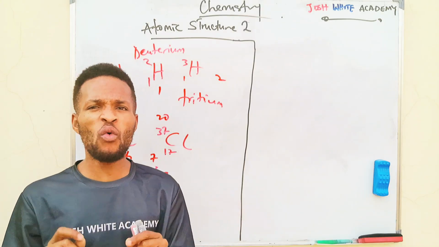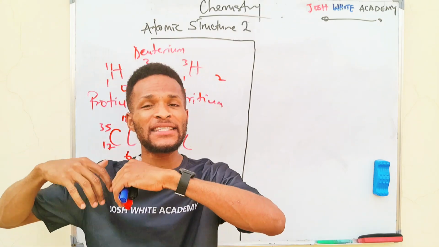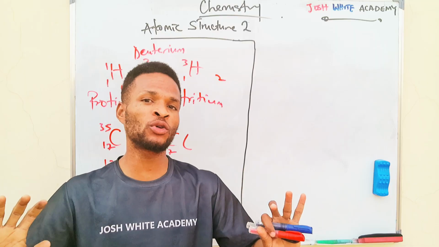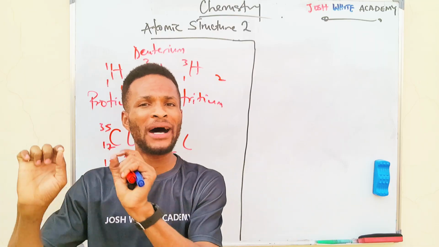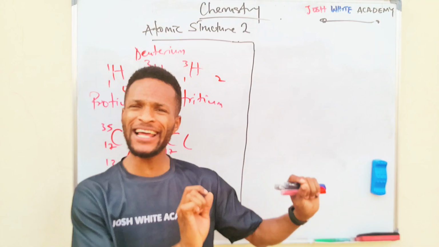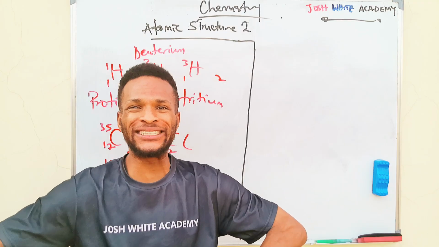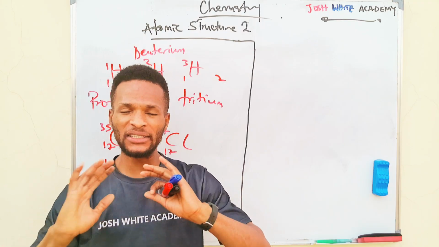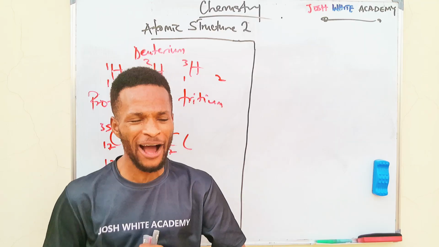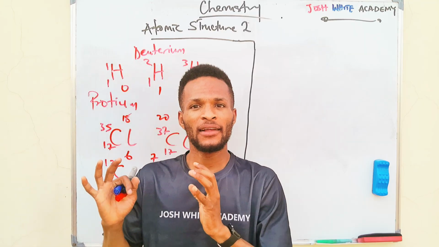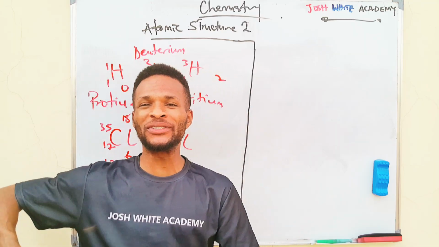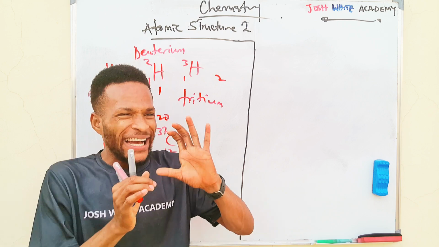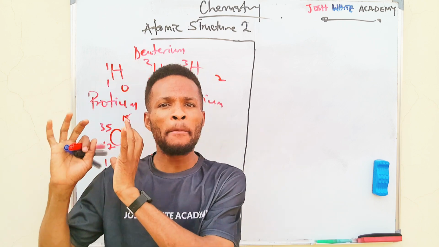This is the reason why elements exist in different isotopic forms. Their neutron number differs, whereas their electron number, which talks about their chemical properties, and also proton number are the same. Now, this concept leads us to the next section, relative atomic mass.